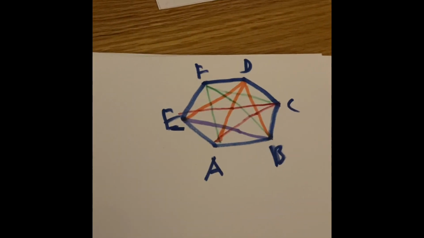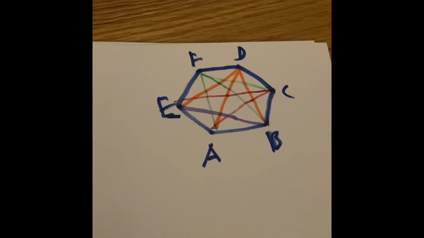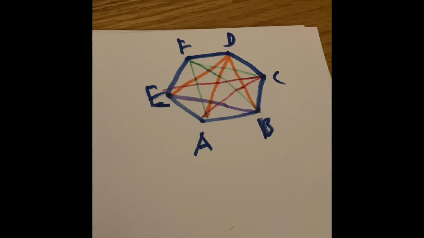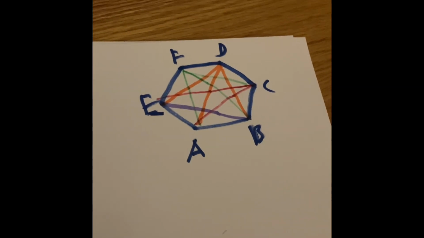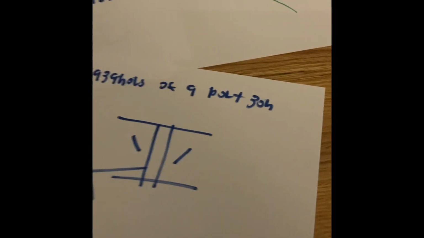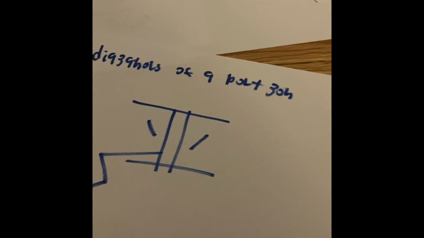That's how many times lines can go across and touch another point without touching the point that's right next to where you started. But without having to draw all these lines, how are we going to do that mathematically? Well, there's an actual formula we're going to follow.